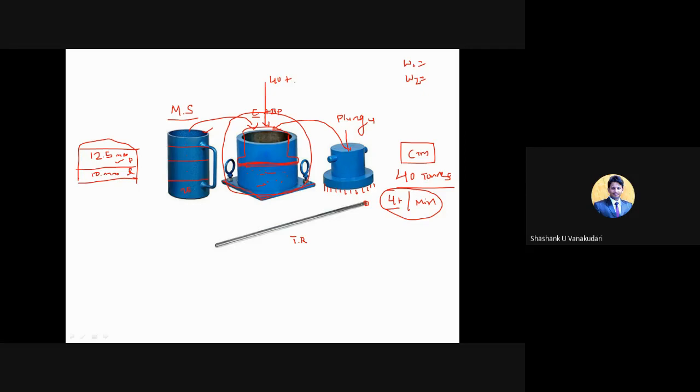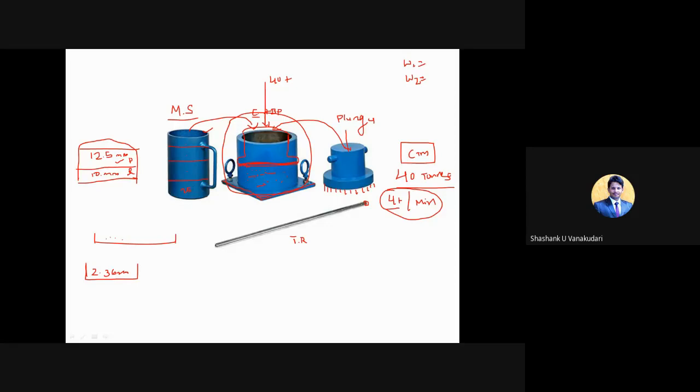Okay, so after applying 40 tons of load, the aggregates will get crushed. You will take these crushed particles down in a particular tray, and now you will use a 2.36 mm ISC. ISC in the sense Indian Standard Sieves.